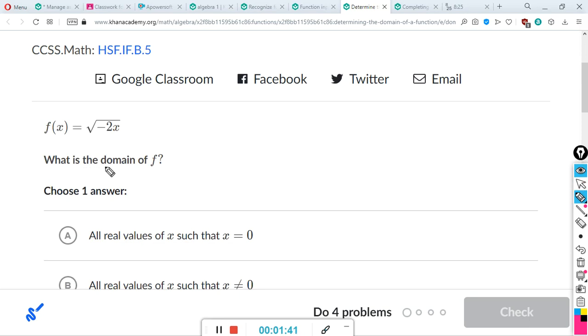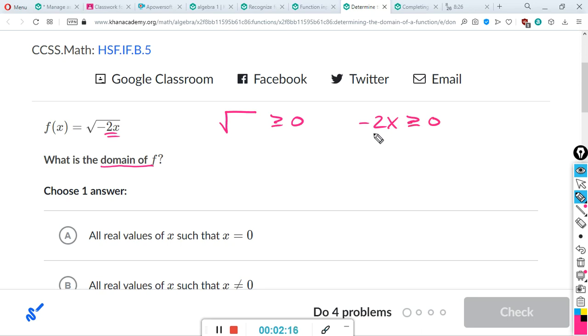So here they want to know, what is the domain of f? Well, we know that anything under the square root has to be greater than or equal to 0. So this thing under the square root, negative 2x, has to be greater than or equal to 0.